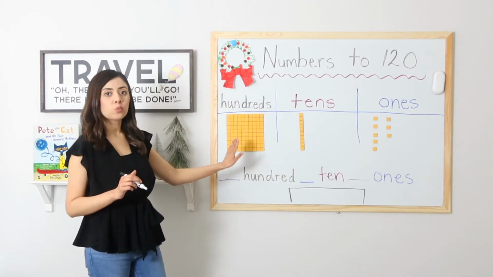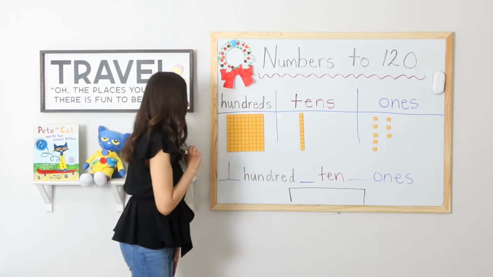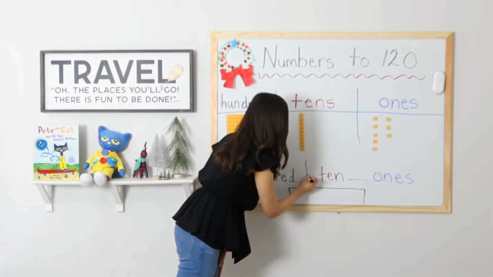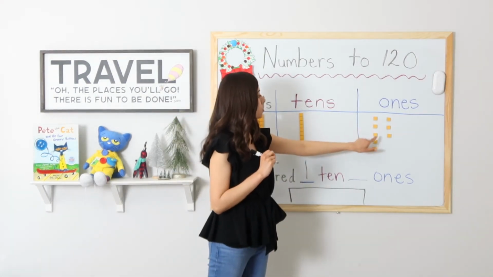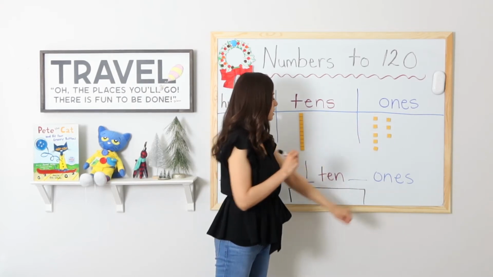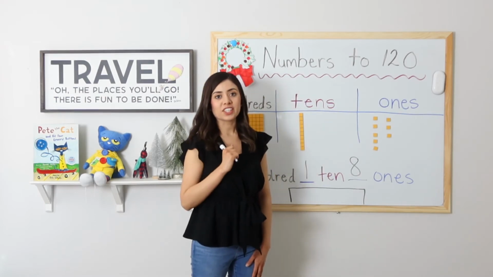Ready? We have 100s flat, so I will write 100. How many tens? 1. And how many ones? 1, 2, 3, 4, 5, 6, 7, 8. 8 ones. Very good.